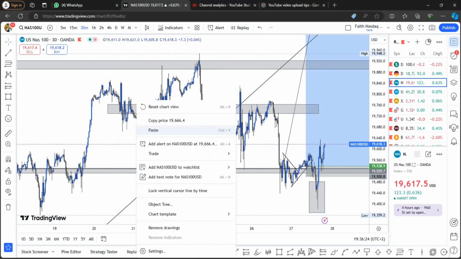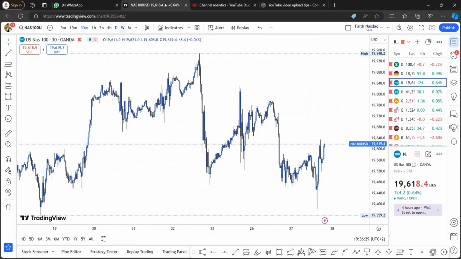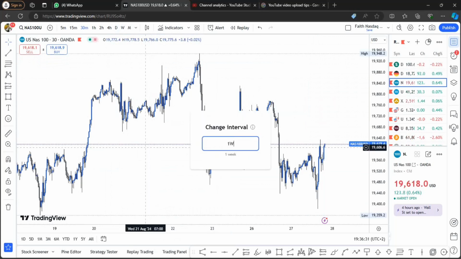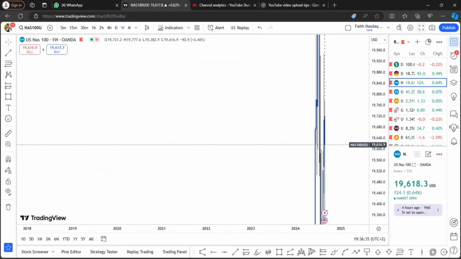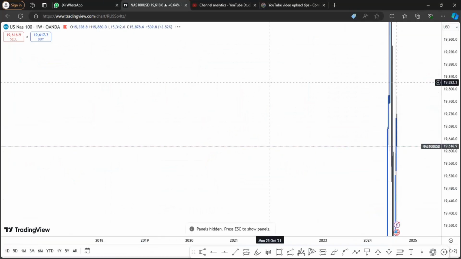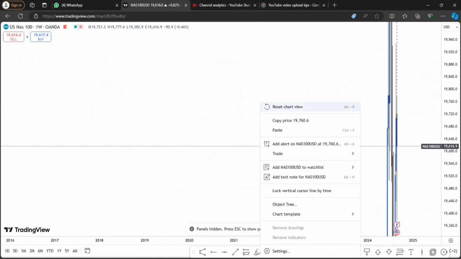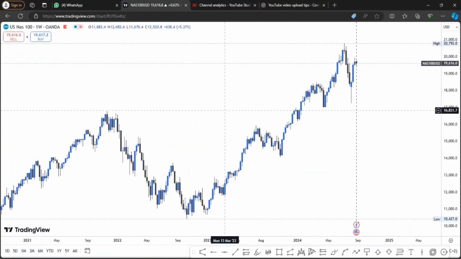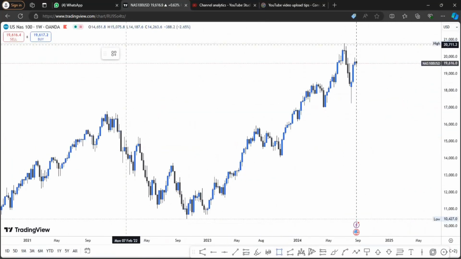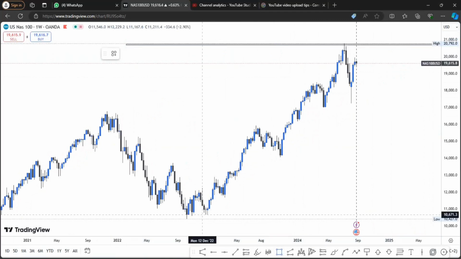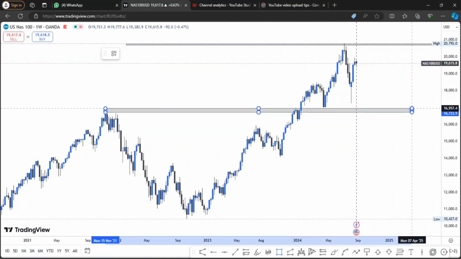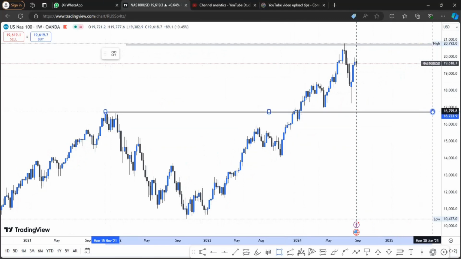So from here I'm just going to remove everything here, then move to my 1 week time frame. Yeah, so on my 1 week time frame, I just reset chart view, then identify my highest point here, then identify my current lowest point, which has to be this certain point here.